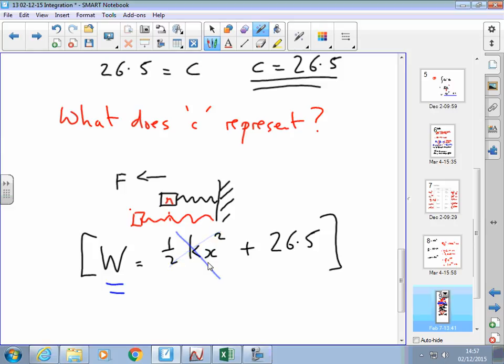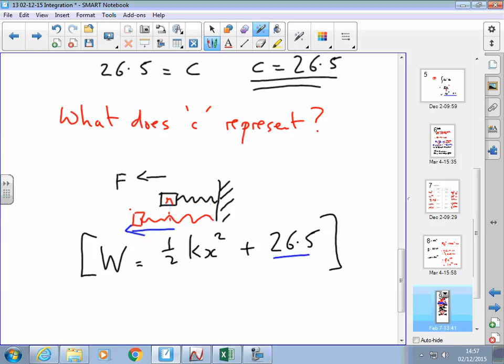So it's saying that the work that we've done is not 0 at the beginning. It's 26.5. So if you think about it, it must be a situation where we're starting here, say, and the spring is already extended by a certain amount. And we're interested in what happens after that when we extend it further. In other words, it's preloaded.